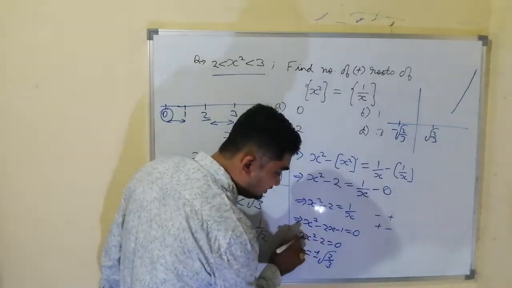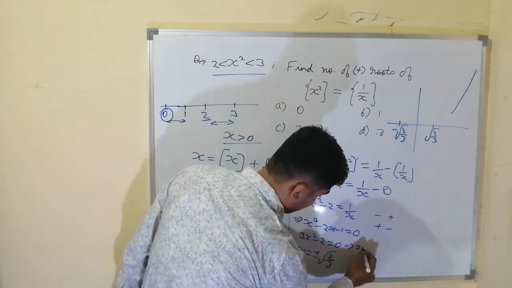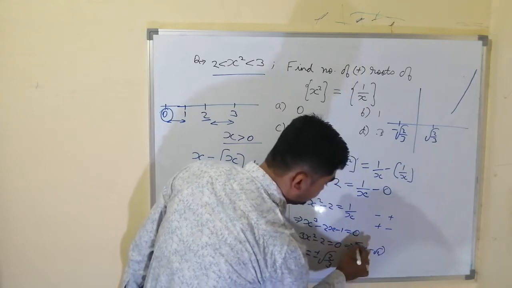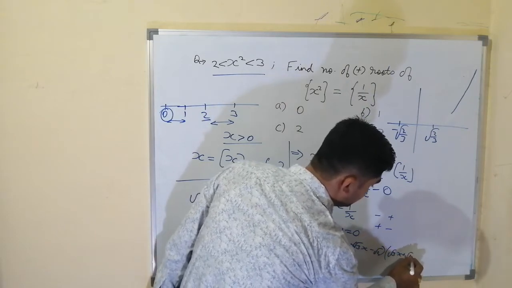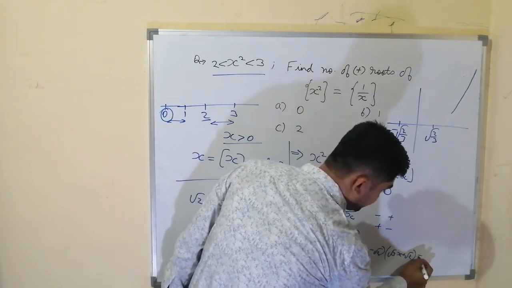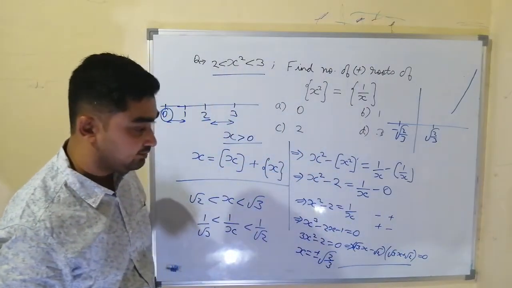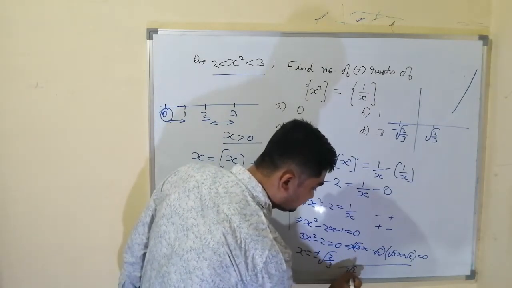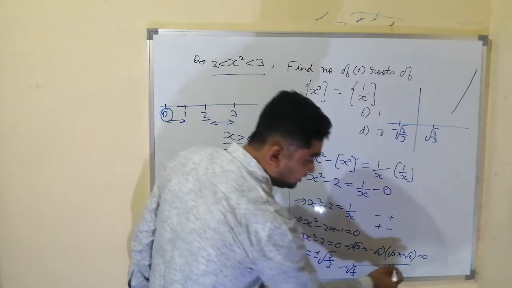So this is f dash x. This f dash x can be written as 3 root 3 x minus root 2 into root 3 x plus root 2. So it is equal to 0. So draw the number line. Here we have minus root 2 by 3, and here we have plus root 2 by 3.